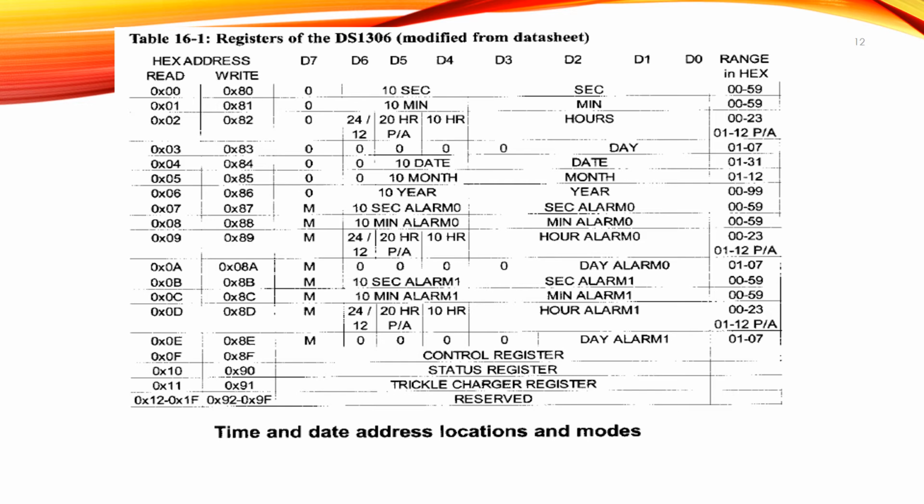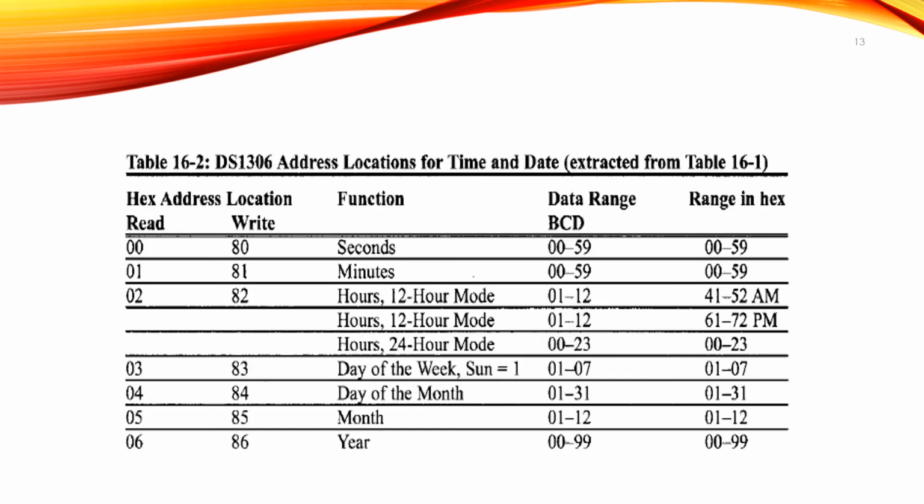As far as the time and date address locations and modes are concerned, byte addresses 0 to 6 are set aside for the time and date. You can see the specific addresses: 00 for seconds, range 00 to 59, then 01 for minutes, 02 for hours, and 12-hour mode with range 41 to 52 in hexadecimal.